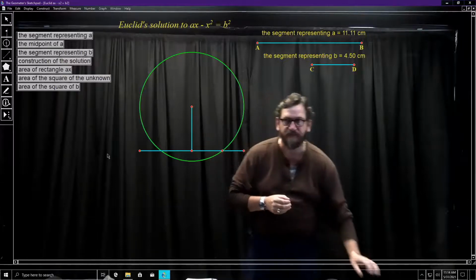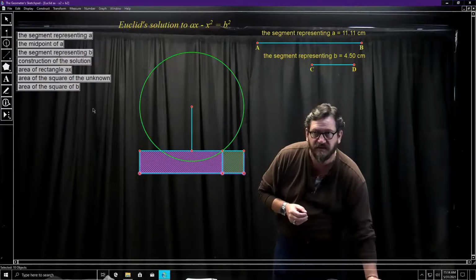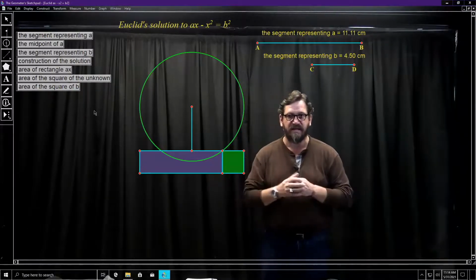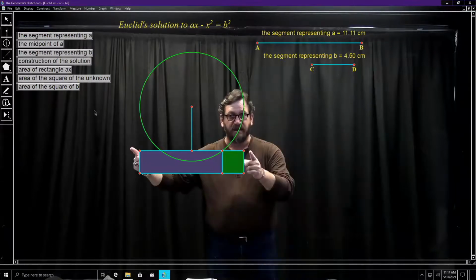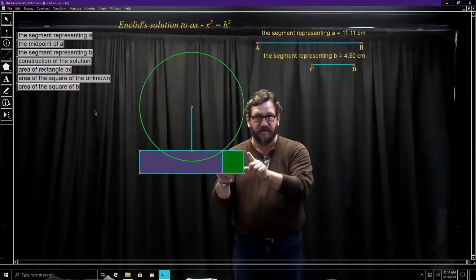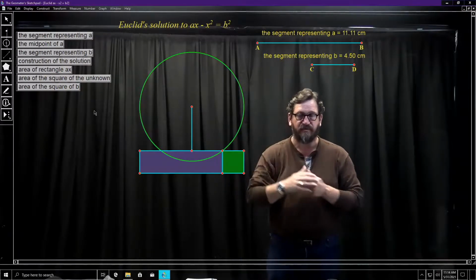Let's take a look. So here is my rectangle. This is my rectangle A times X. It has the length of A, and it also has this height of X, because all I did was take a circle and swing this length down.